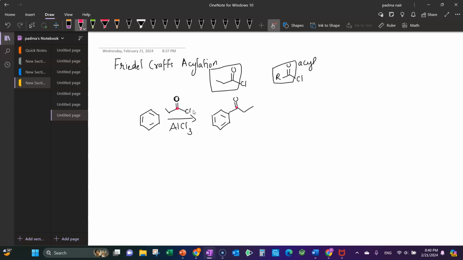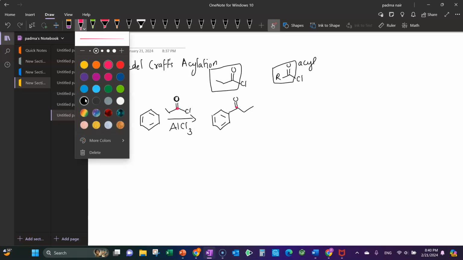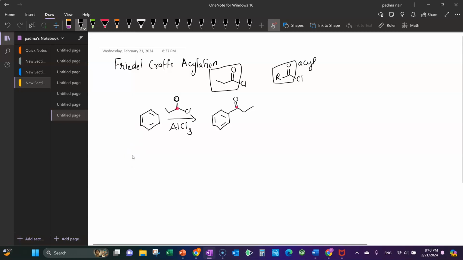Okay, here my electrophile is formed in a similar way as we did with the previous steps. So let's look at that. Here is my acyl chloride reacting with aluminum chloride. This step must be familiar to you now.